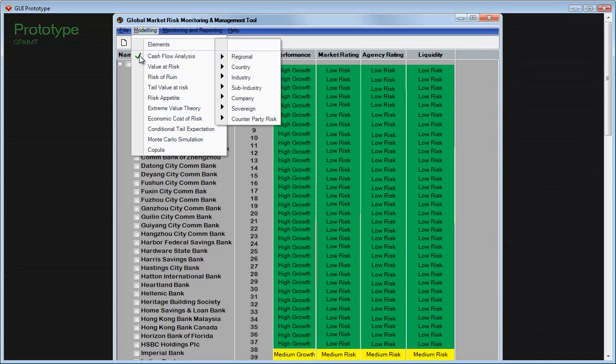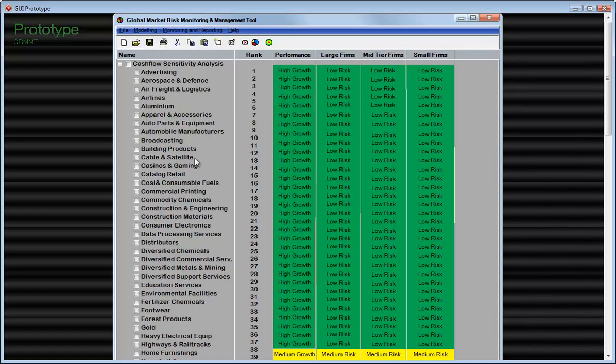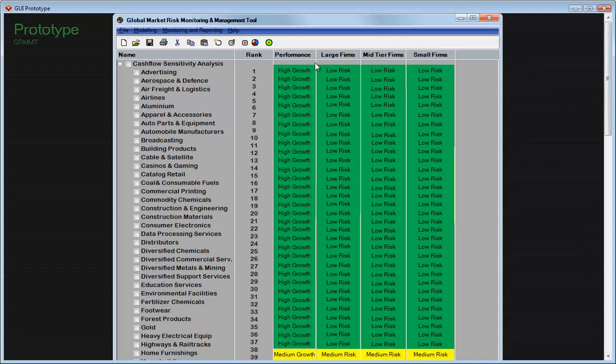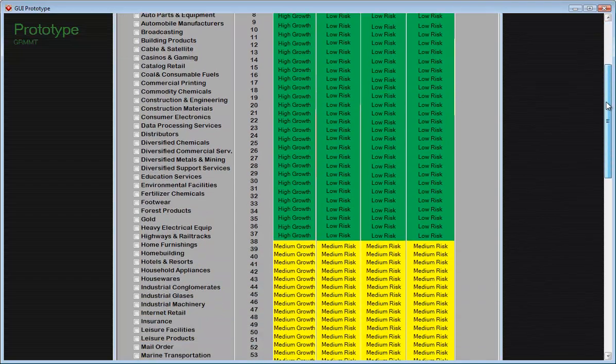Here we might look at some cash flow analysis of a layer, for example, just to understand what the potential forward implications are for a particular portfolio. In this case, what we'll use as our sample is sub-industry level analysis, where we have the groupings of all the different companies within the industries down the left-hand side, and then broken up in our normal matrix of their overall performance and break up into firms.